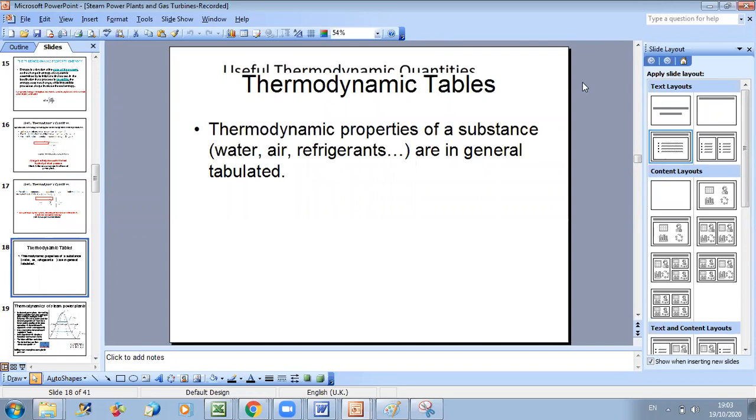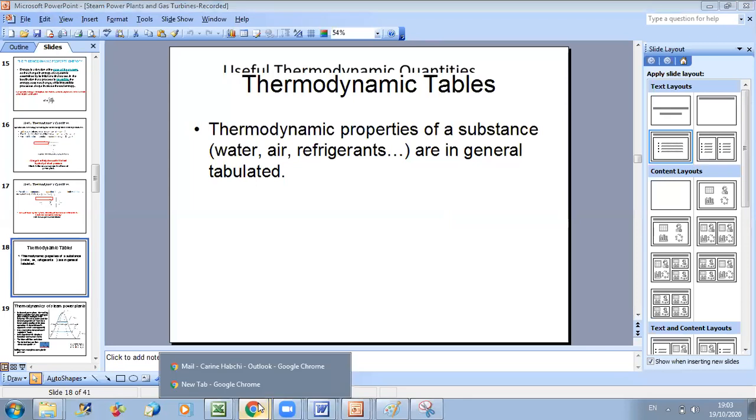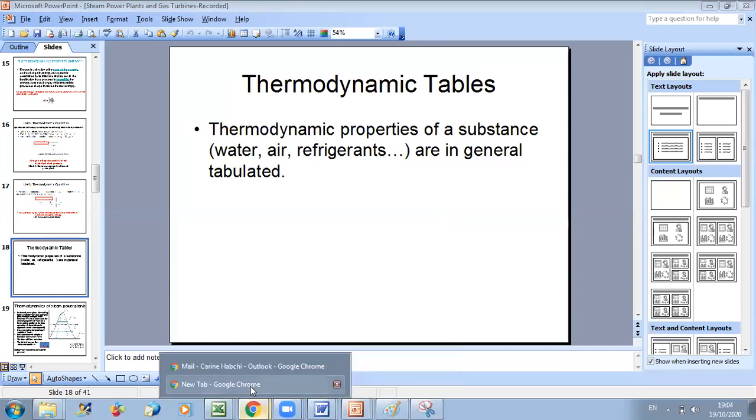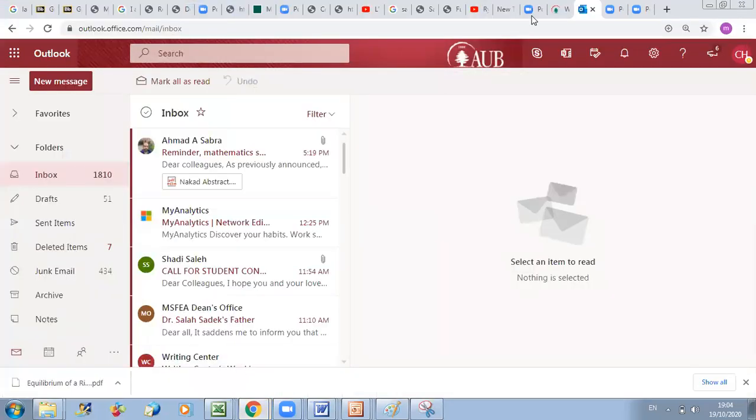We'll use them a lot, especially in power plants, and steam power plants. I think that if you did the thermodynamic course, you might have worked with this book, and if not, I will post the link for the book so that you can access it, because you have all tables in this book. Let me open the tables.